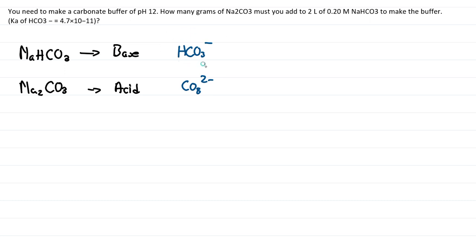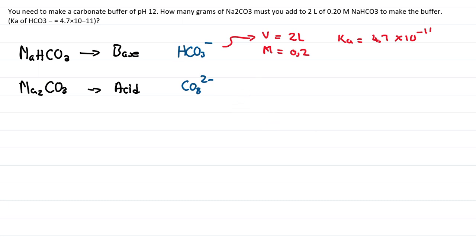So we are given the information on sodium bicarbonate, which means we are also given the information on this acid. We have the volume, which is 2 liters, the concentration, which is 0.2 molar, and the Ka, which is 4.7 multiplied by 10 to the power of negative 11.